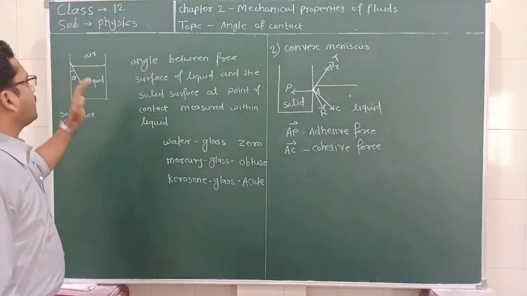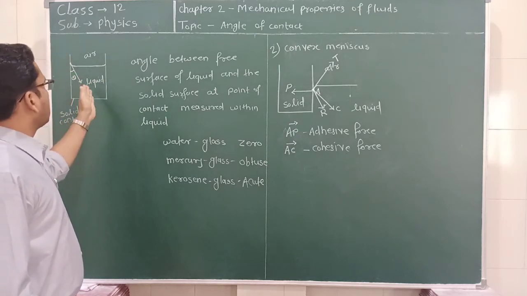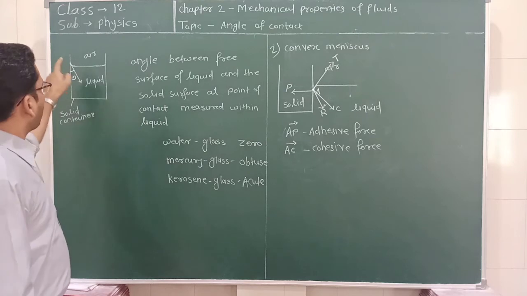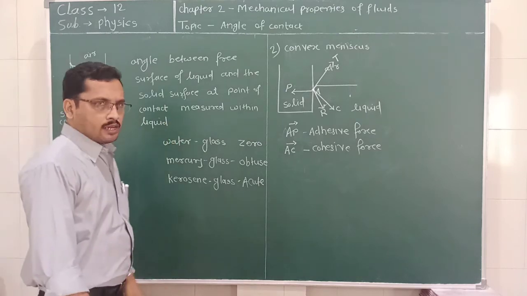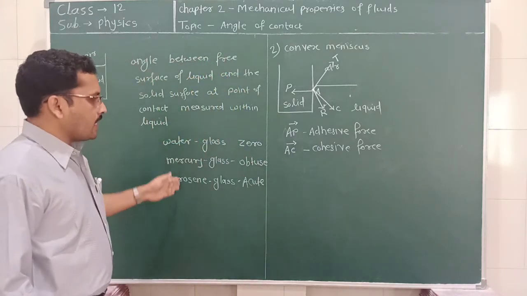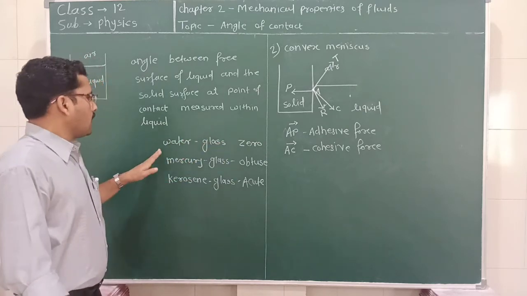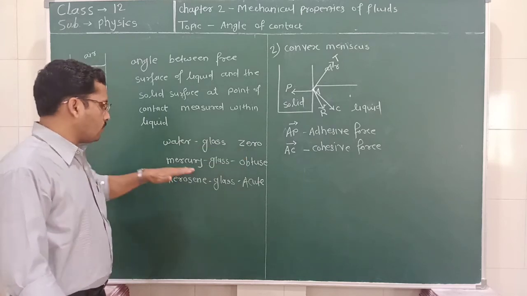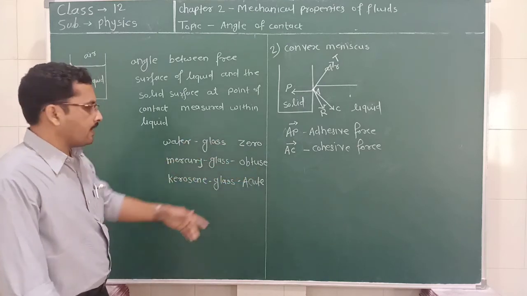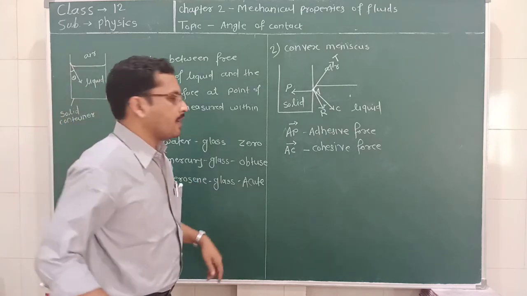The angle of contact is the angle between the tangent drawn to the free surface and the solid surface at the point of contact, measured within the liquid. As the pair changes, the angle of contact also changes. In the case of water and glass, it is equal to 0. In the case of mercury and glass, it is obtuse, greater than 90 degrees. And in the case of kerosene and glass, it is acute, less than 90 degrees.